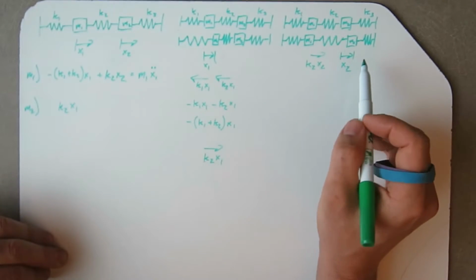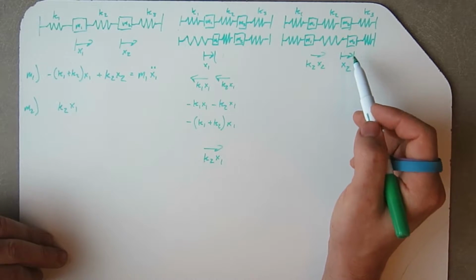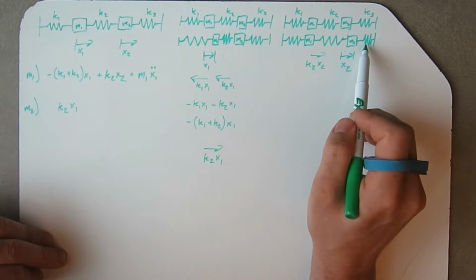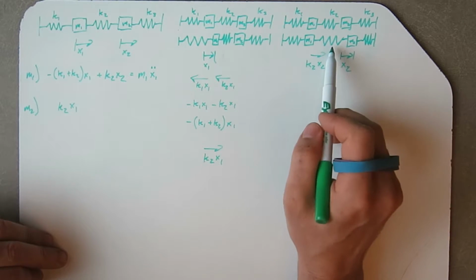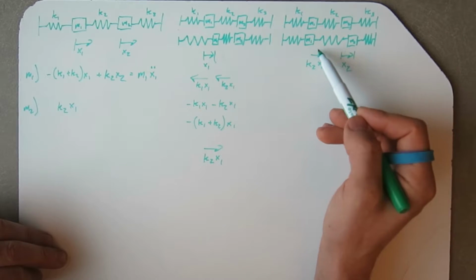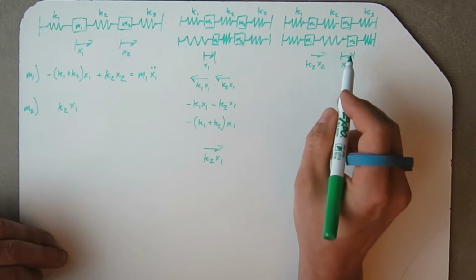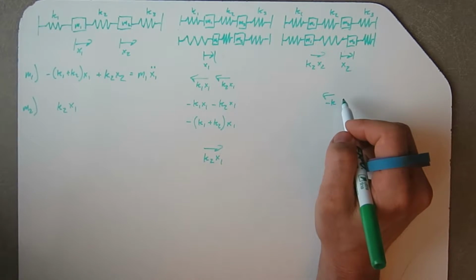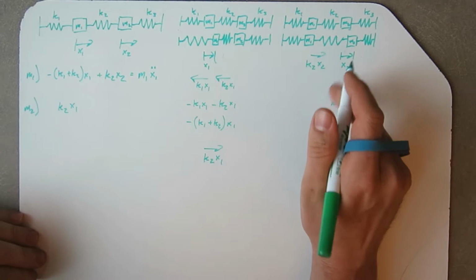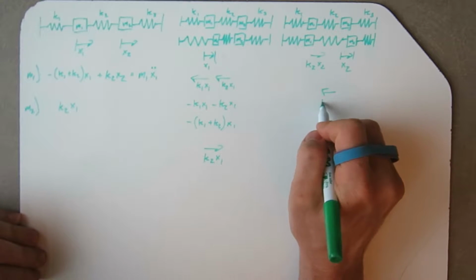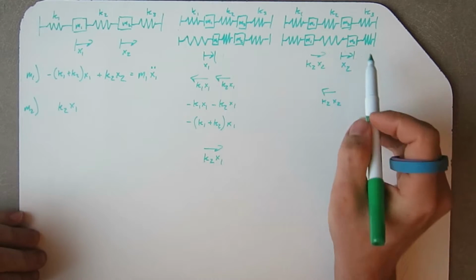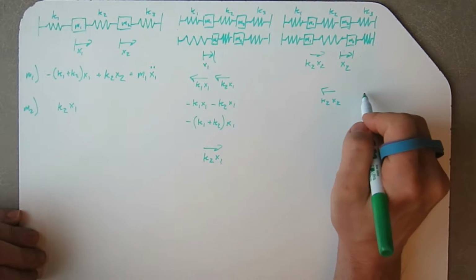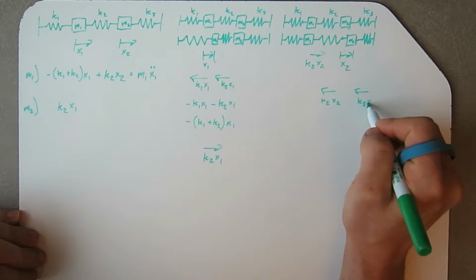And then we will consider a displacement of x2. x2 displaced positively, K2 elongated, K3 squished. So K2 will actually pull back on M2. We'll get a negative K2 x2. Well, I put the arrow there, so I won't put the negative sign. K2 x2. And then K3 is squished, and it'll be pushing backwards on M2. So we'll get K3 x2.